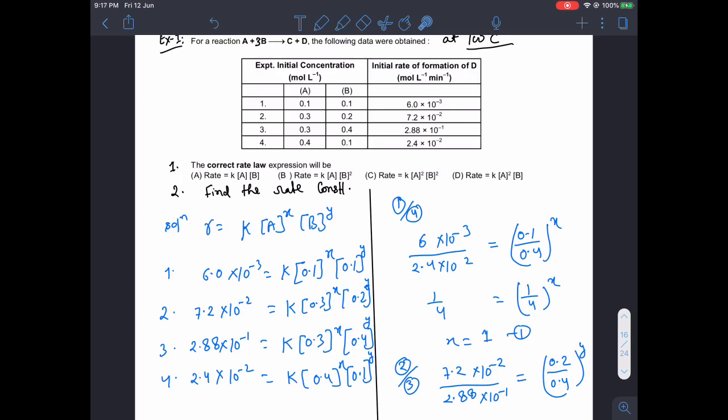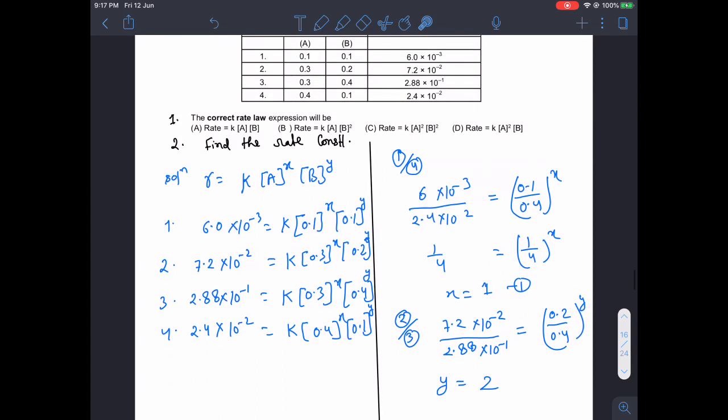Similarly, if you solve for getting the value of y, what do you need? If A becomes constant in the experimental condition, then that will be cancelled out and we will get only one variable, we can solve it. Now if you look at 2 and 3, don't you think the value of A is constant, 0.3 and 0.3? So that's how I have used it here.